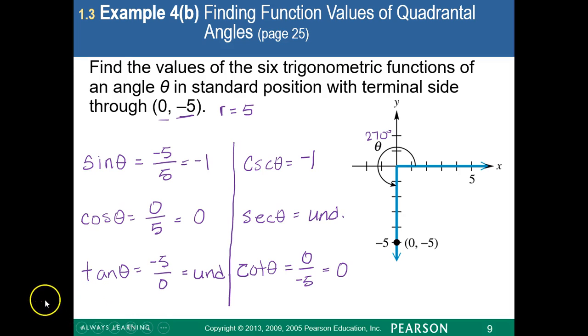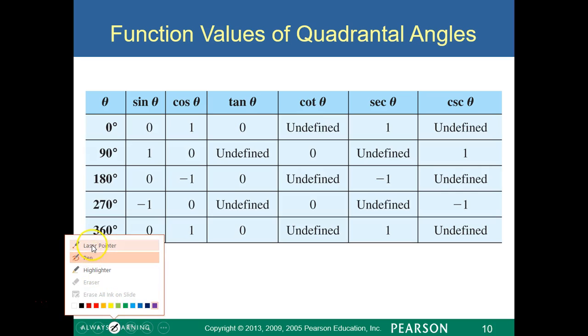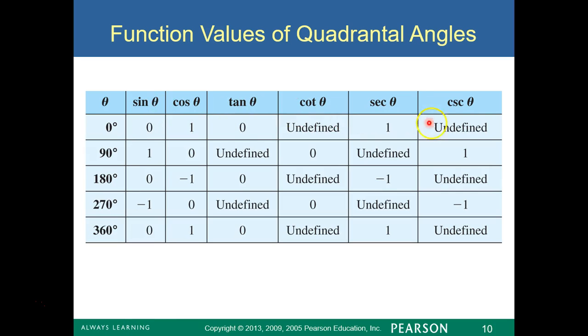So now let's look at this next page. Notice on this page, we have all 6 of our trig functions, and these are all of our quadrantal angles between 0 and 360. One thing you can see is that the values of all your trig functions for quadrantal angles are going to be either 0, 1, undefined, or negative 1.